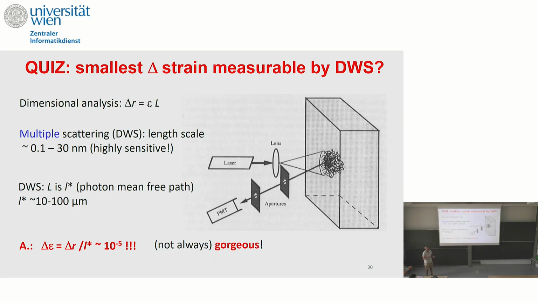And since you are sensitive to these small strains, you are not really able to distinguish between a change in strain status of 10 to the minus 3 as compared to 10 to the minus 2, because anyways, both changes of strain will kill your correlation function. So you have advantages and disadvantages. But if you are looking for something that is extremely sensitive to strain changes, DWS is a good option.